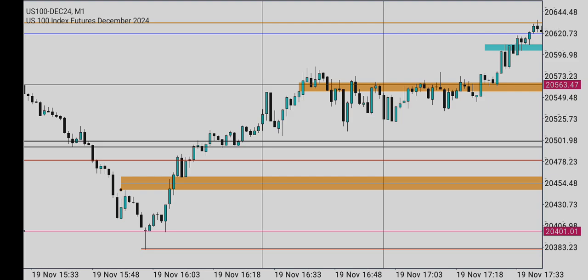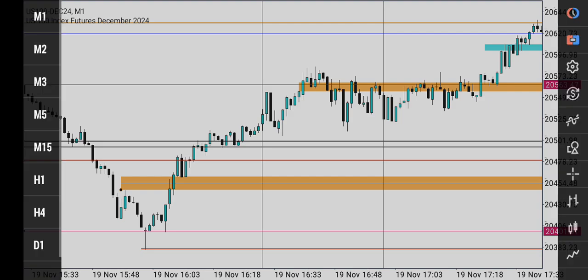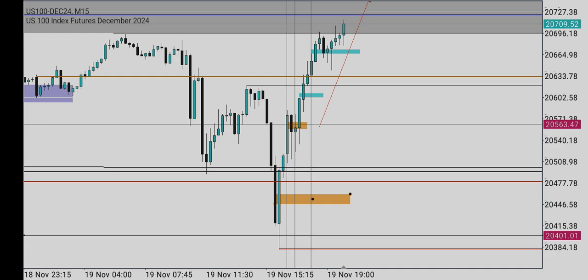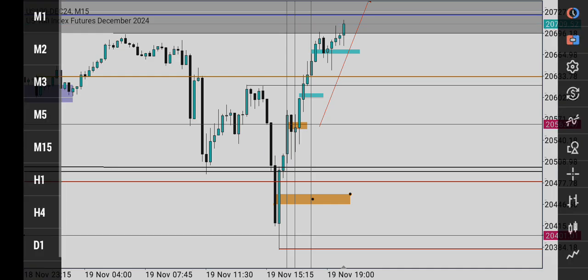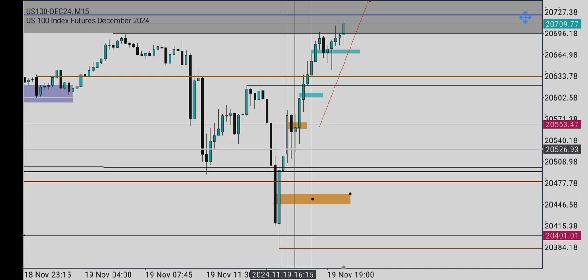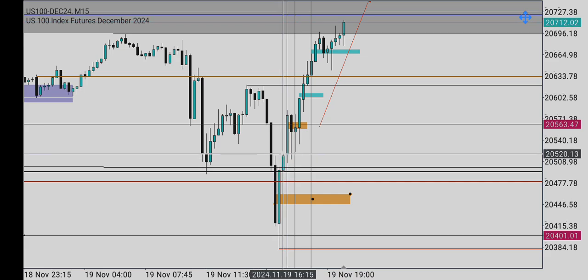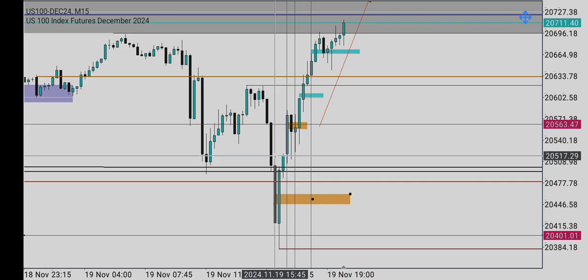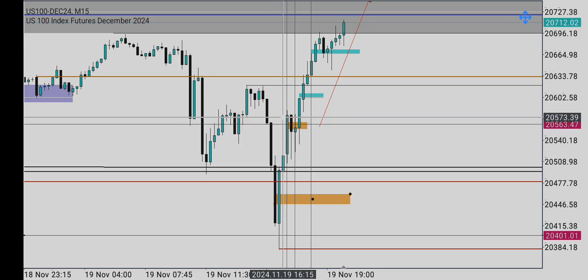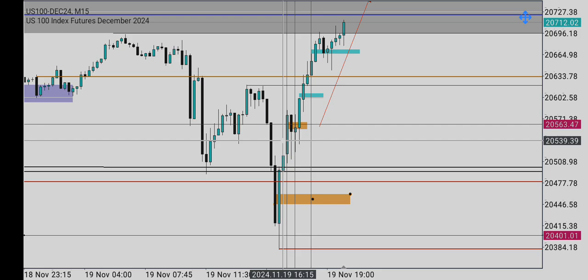I went to the 15-minute chart, and I saw there was a huge fair value gap here, right? The first trade I took here had its stop loss taken, because my stop loss was at this area, and since the price was going down, I entered at the 50% level of the Fibonacci.